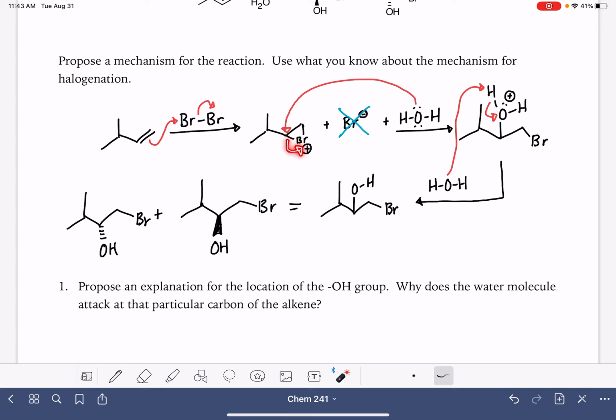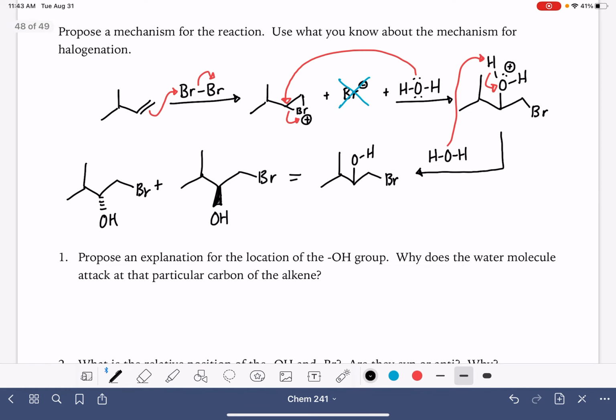So that carbon-bromine bond, if it's breaking early, is going to break from the more substituted carbon to allow for a more stable carbocation. If it broke the other bond first, then we would have a primary carbocation, which is not as stable. So the water molecule is attacking at that particular carbon because the carbon-bromine bond is going to start to break as the H2O attacks.